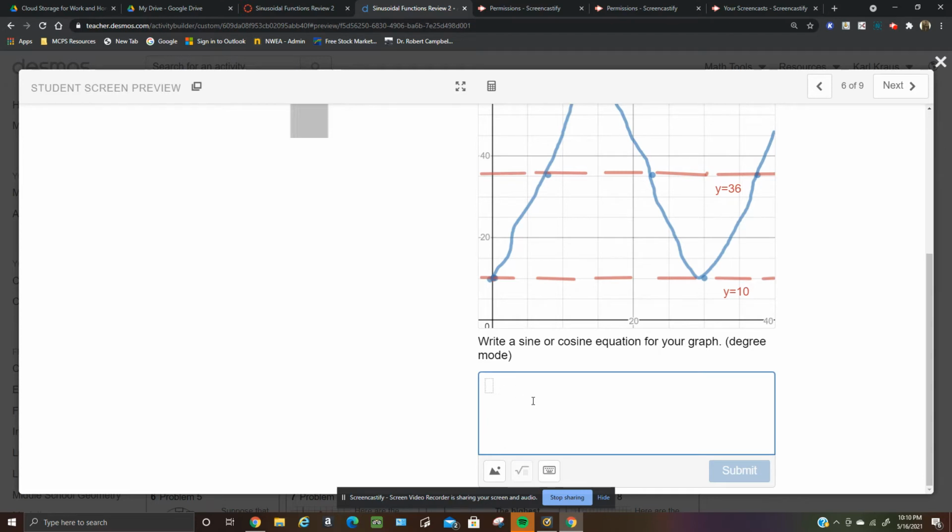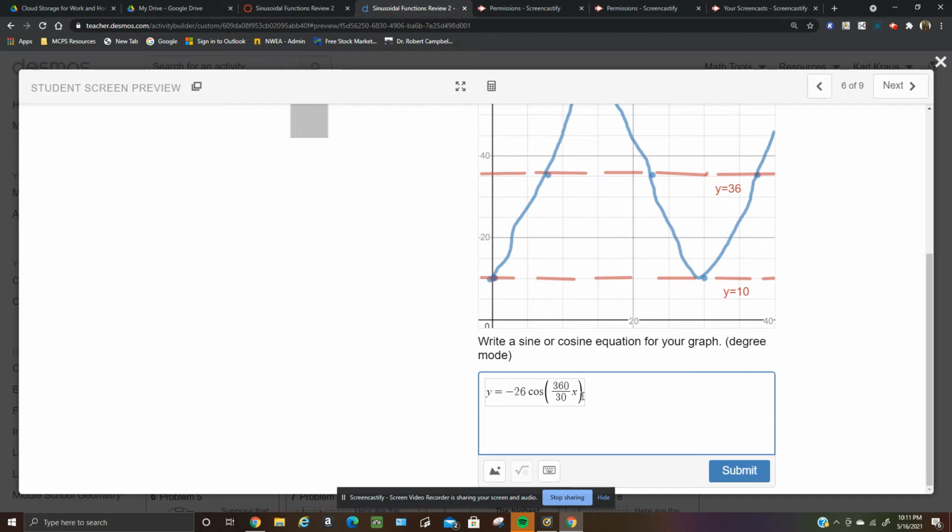So y equal negative 26 cosine. In degree mode, 360 over 30, x.